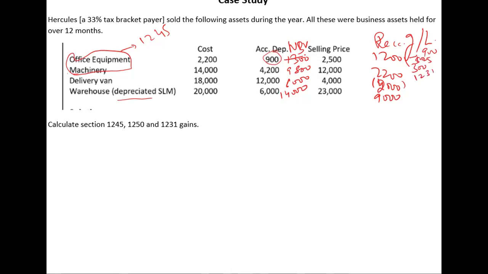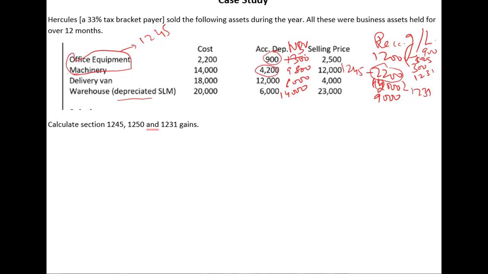Then, in machinery, we again take accumulated depreciation or realized gain, whichever is lower. So we will be taking 2,200. So the whole 2,200 will be 1245 gain. Then all the losses are considered as section 1231, so this will be section 1231 ordinary loss.